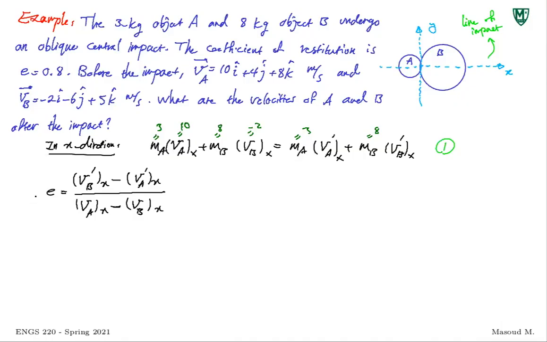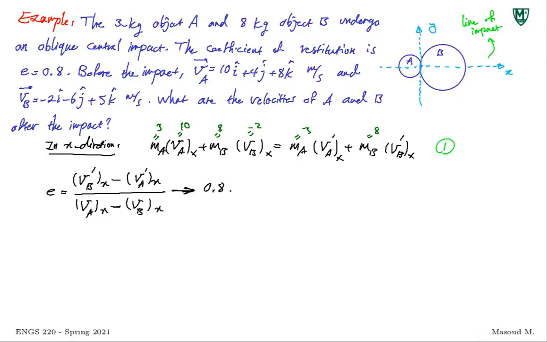But basically, this is saying the relative velocity after the impact over the relative velocity before the impact. That's what this E is trying to tell you. But if it makes less sense, don't worry about it. Just stick to the formula.